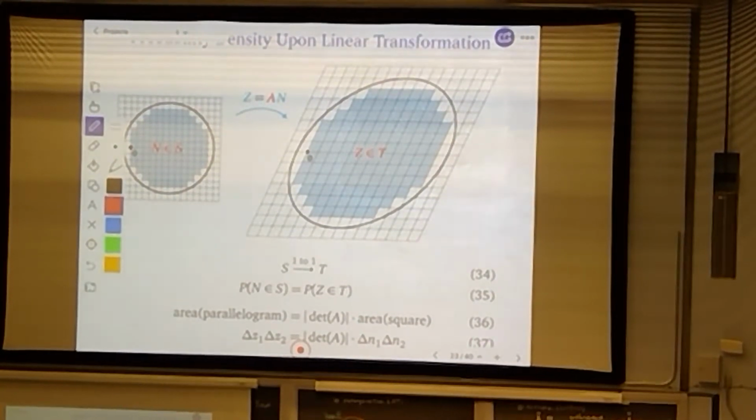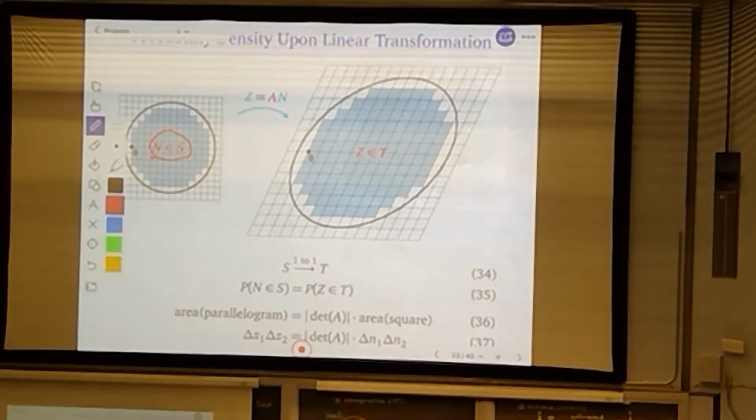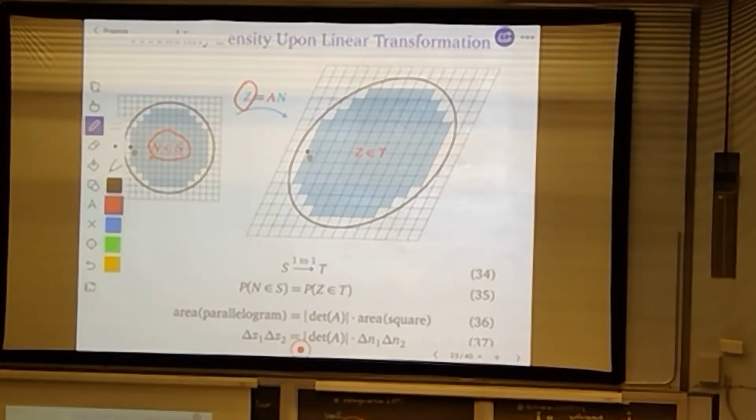Now, this is the variable n in the source domain. I have some function z, a linear transformation of n. So every point in this source domain, you can find its counterpart, some point in the target domain. It's a one-to-one mapping.